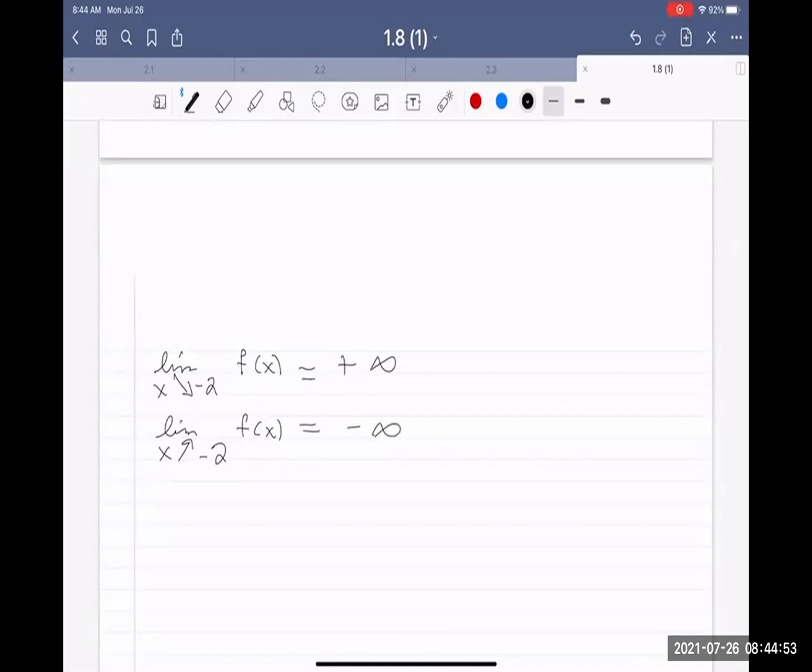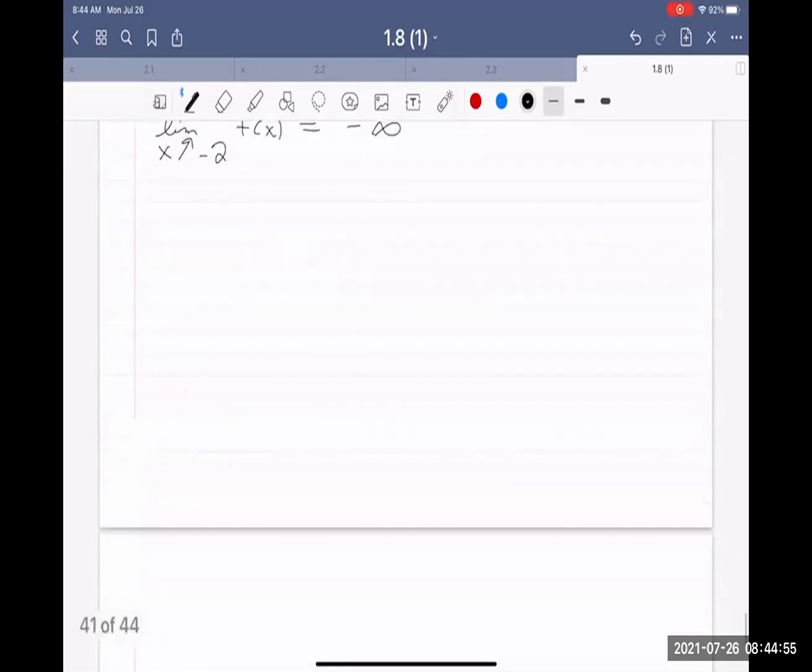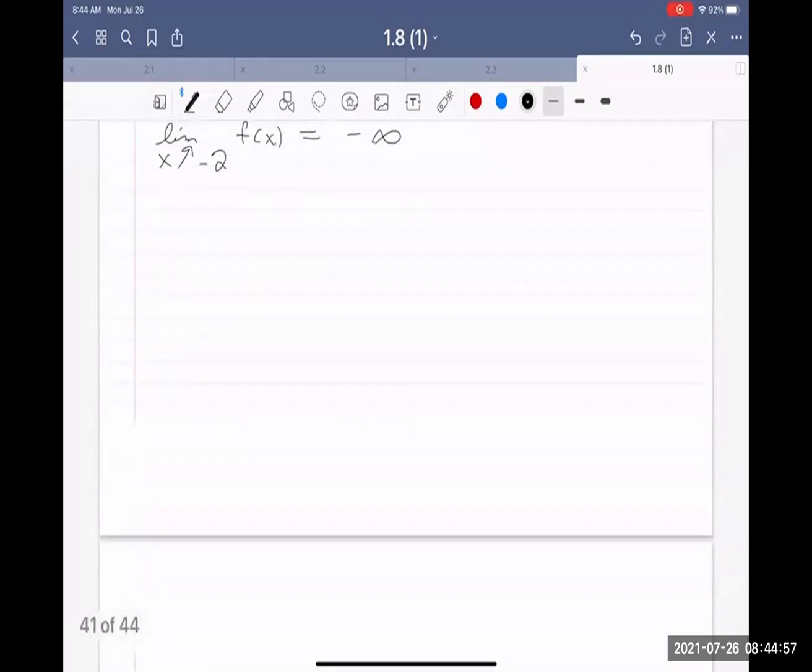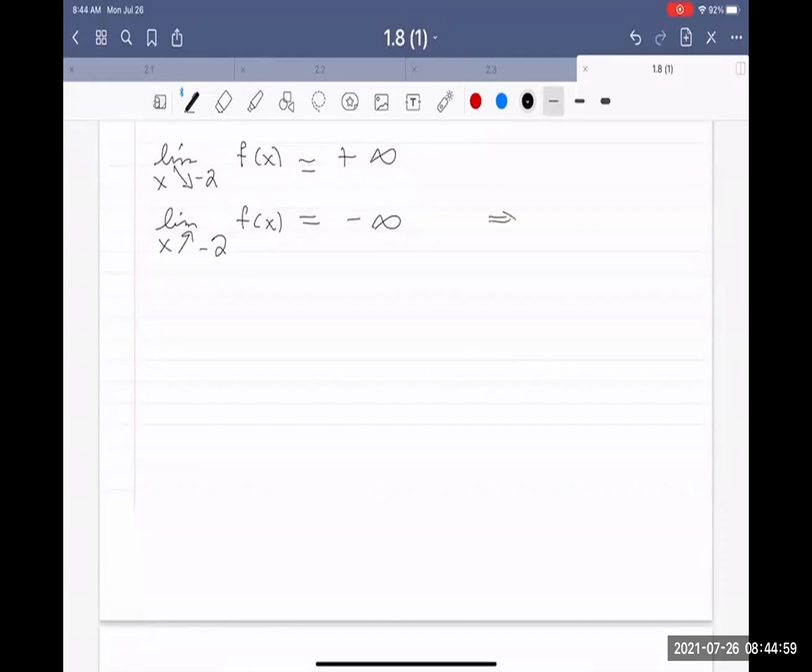These are not equal. So the right and left sided limits are not equal. Therefore, the two-sided limit does not exist.